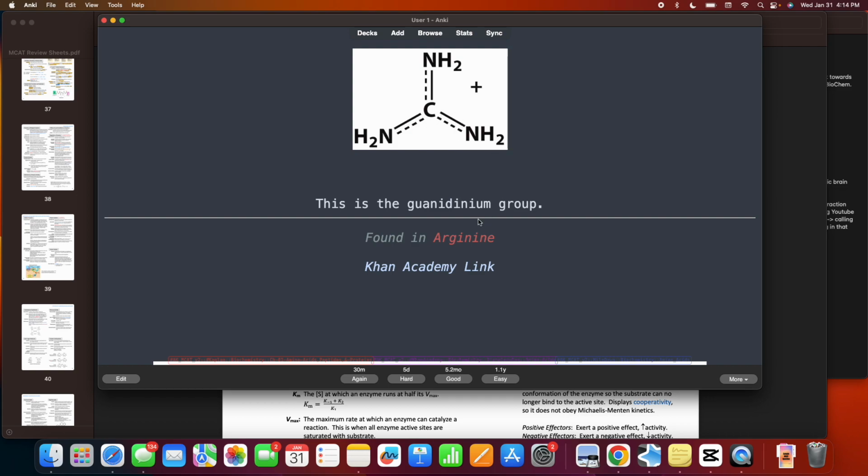Somehow I related it to Argentina, their football team. They like to play with a 4-3-3 formation, and these are three nitrogens. I don't know if it makes sense for you, but this is how I prefer to memorize it. And then I related that to Guantanamo Bay, which is close to South America. So Argentina, Guantanamo, guanidinium. Should be close enough for now.